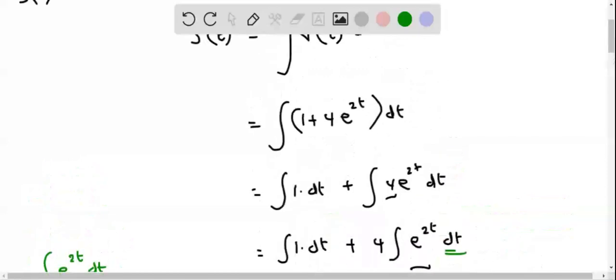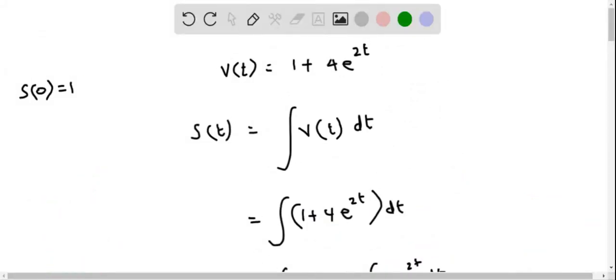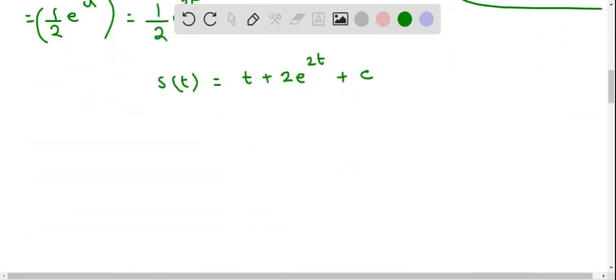We now use the initial condition, that is s of 0 equals 1, so that we can determine the value of c. So we have s of 0 equals 1, that is when t equals 0, s of 0 equals 1.